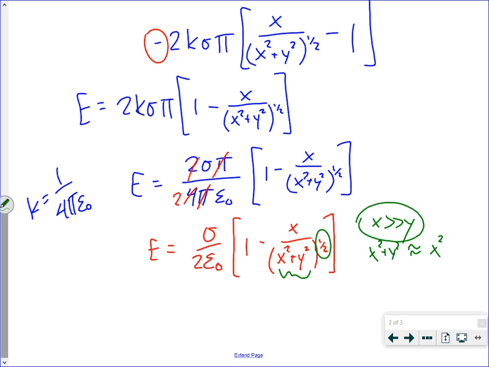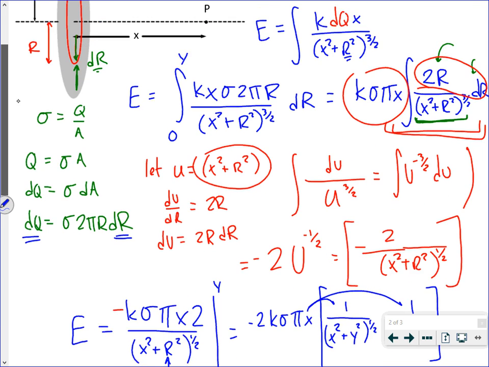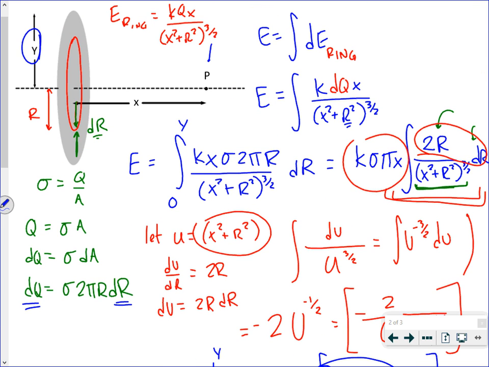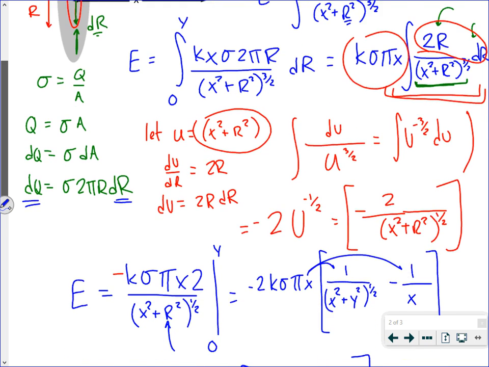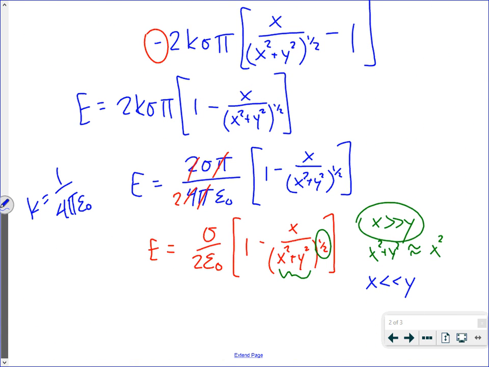We also have the case where, if x is really small, if x is way smaller than y, that means that we're really close to this disk. Really close to the disk.